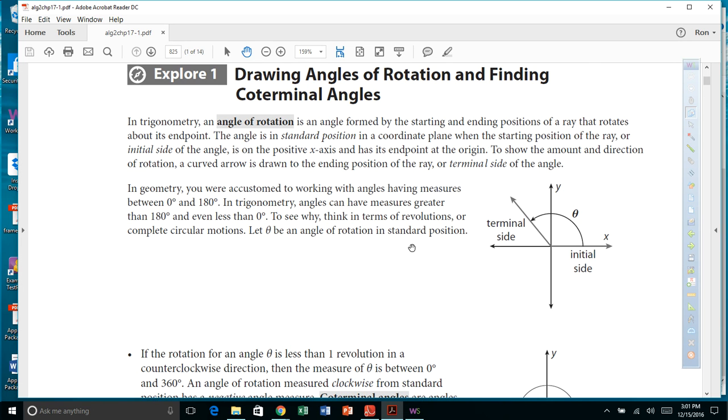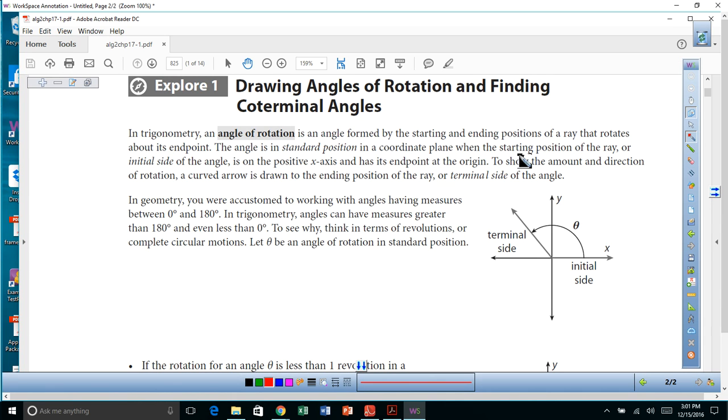The angle is in standard position in a coordinate plane when the starting position of the ray, or initial side, is on the positive x-axis, and it has its endpoint at the origin. So that should be the initial side.